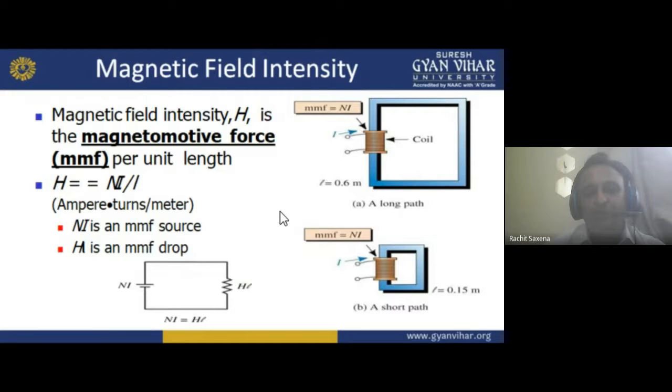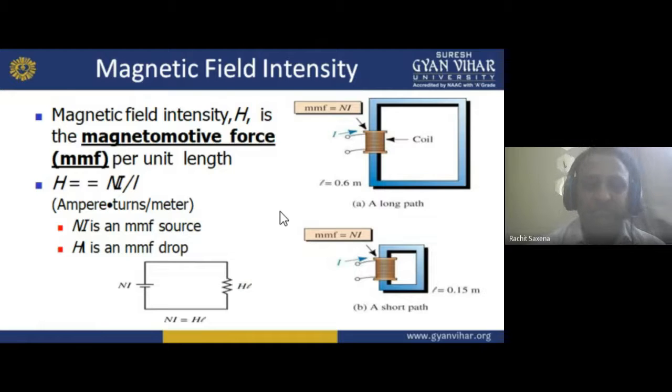If I want to calculate the value of the density B in another way, we need mu into Ni by L. Ni by L means ampere turns by length, AT per meter. So with the equation B is equal to mu H, we can derive another expression for B, the density, with the help of intensity, ampere turns and the length.